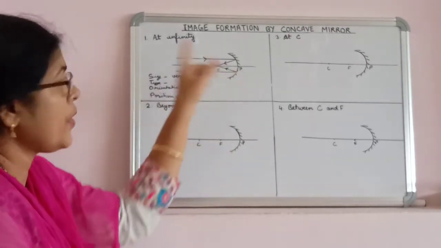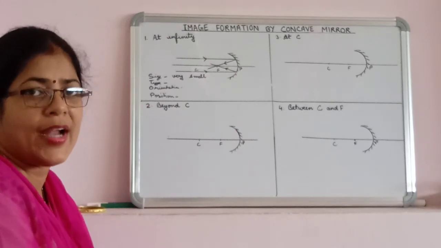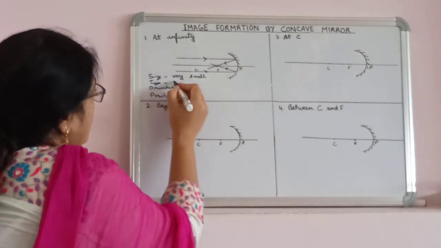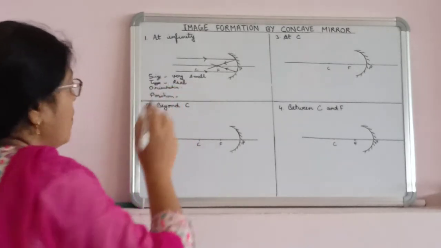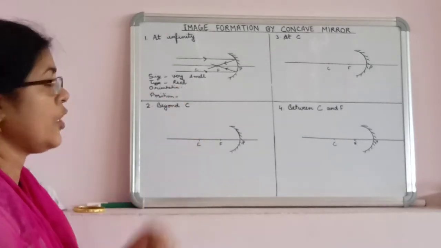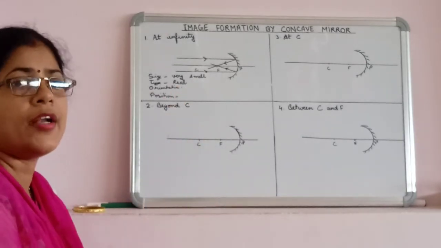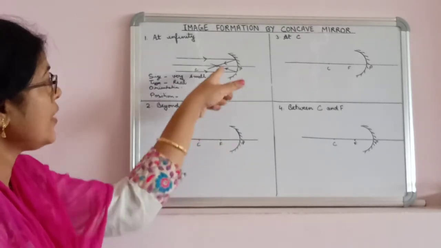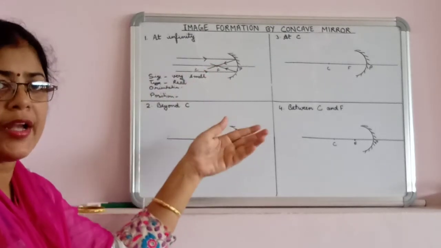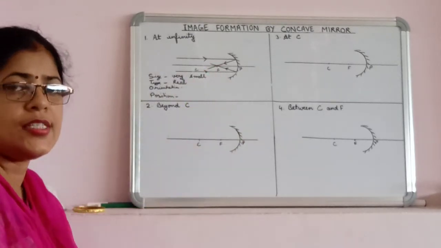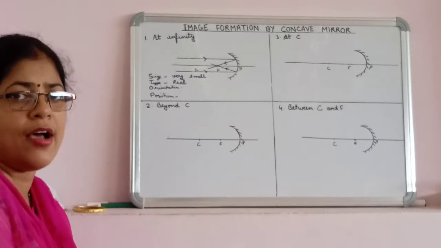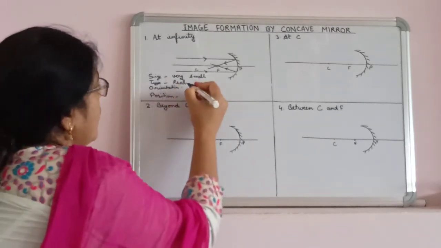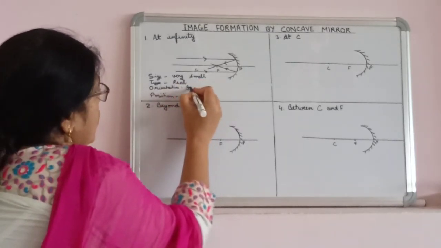Because it is formed by the real intersection of the reflected rays, it is going to be a real image. And orientation means whether it is upside down, inverted, or erect, that we have to find out. We can't see here whether it is inverted or erect, but as we have already discussed that all real images are inverted in nature, we can write that it is going to be an inverted image.